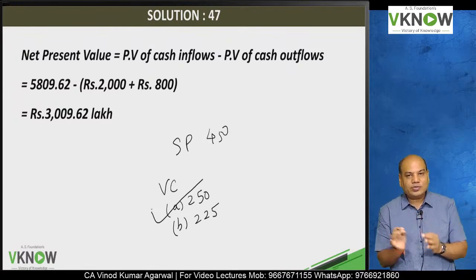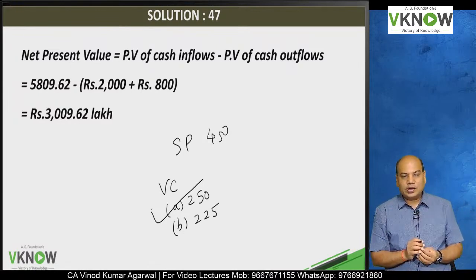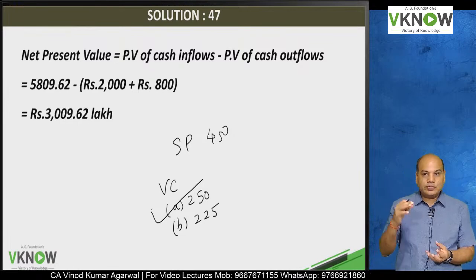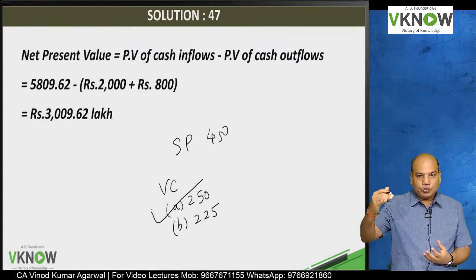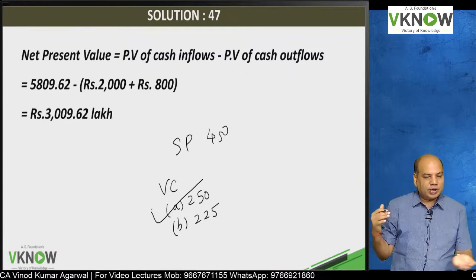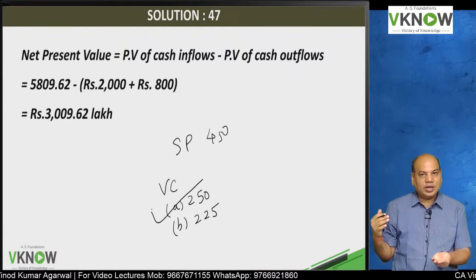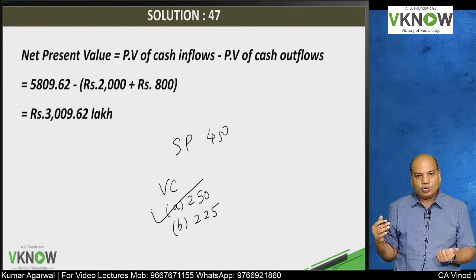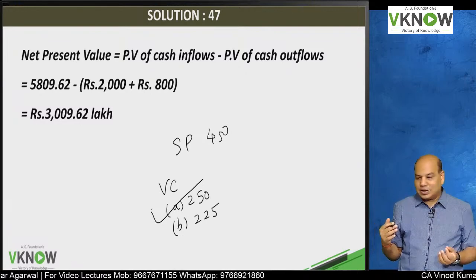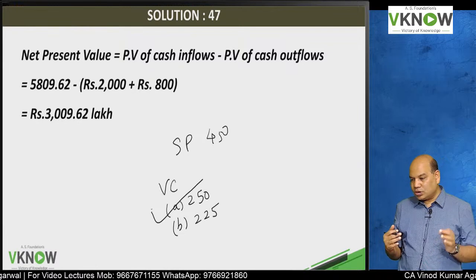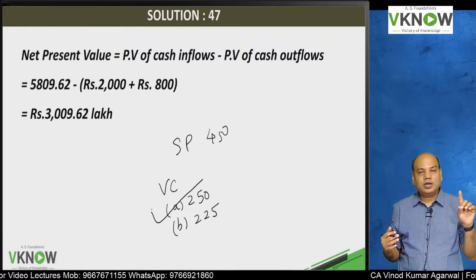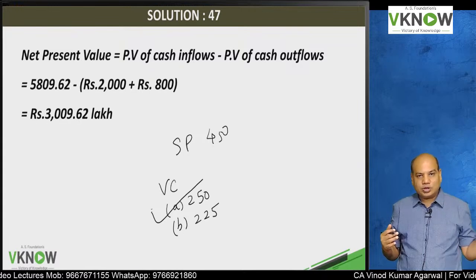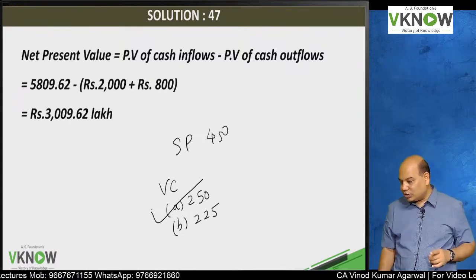Only selling price will change. Because of, let's say, increased competition, I have to reduce my selling price, but my variable cost of material and labor are not going to change. They are going to remain same. So we assume that my variable cost will remain as per the original question.